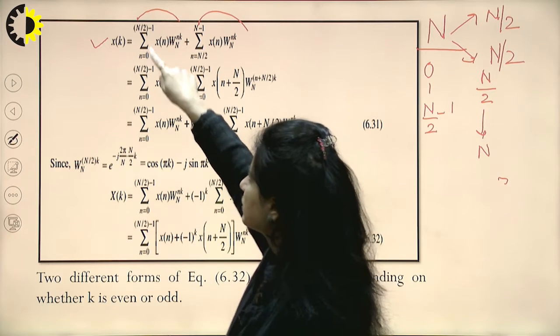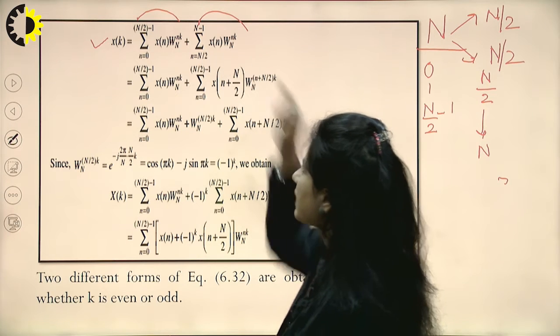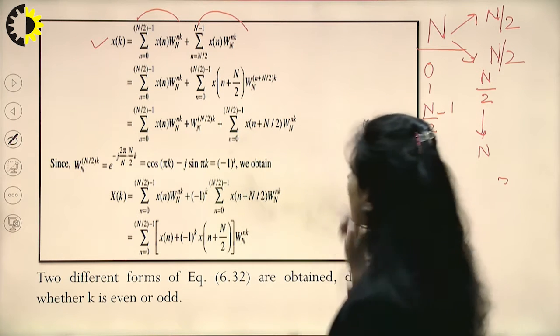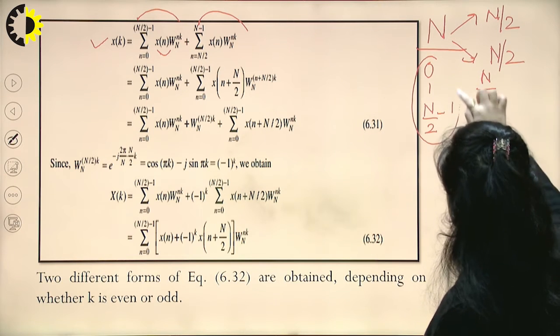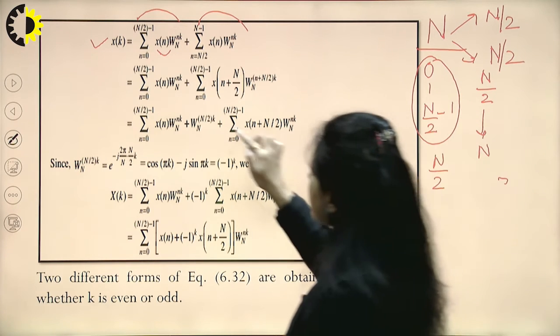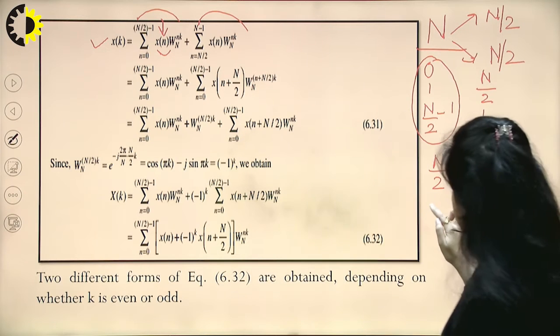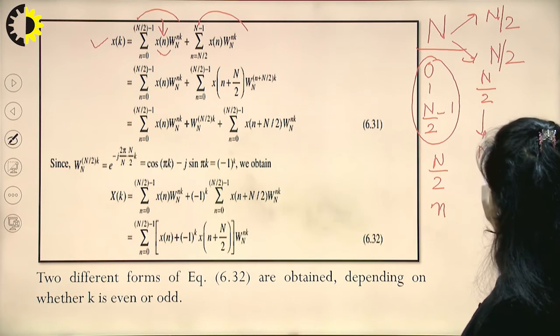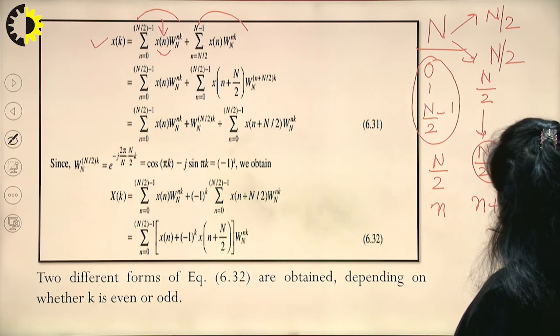If this x(n) is my first half sequence having N by 2 number of samples, these samples can be represented by variable n, and all the samples in the second sequence can be represented as n plus N by 2.